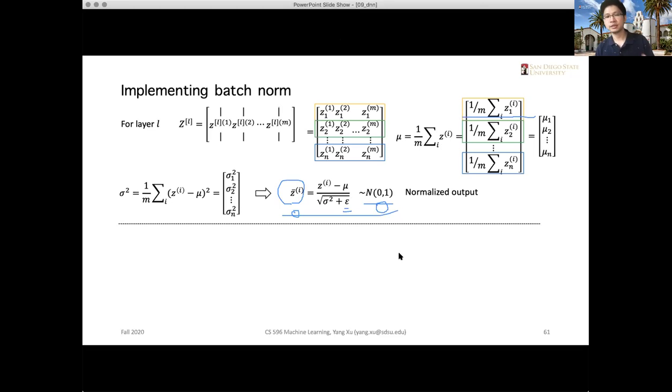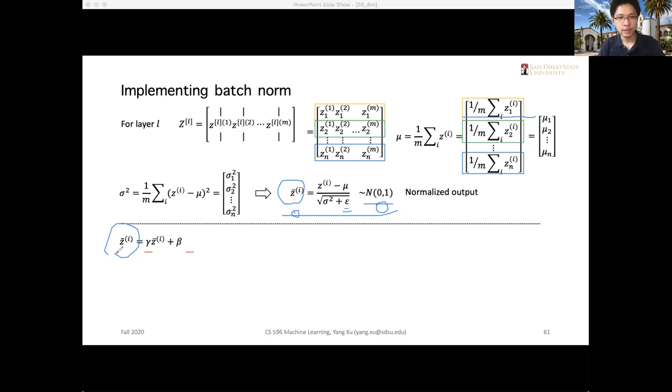Okay, but in practice, we're not just using the z bars. Let's define a new variable called z tilde, with a little wave on top of z.